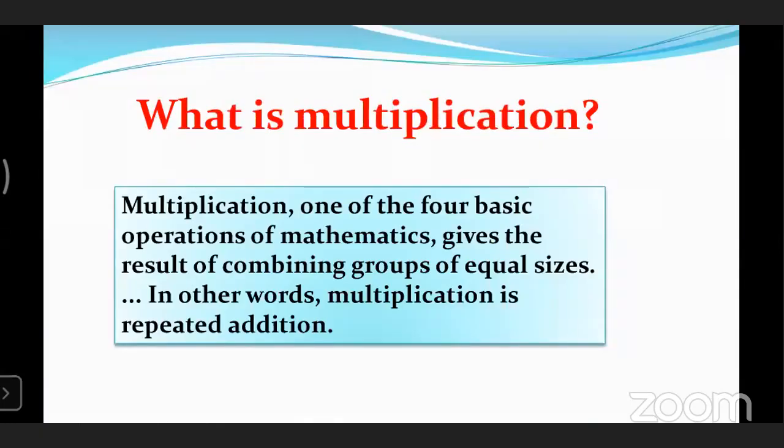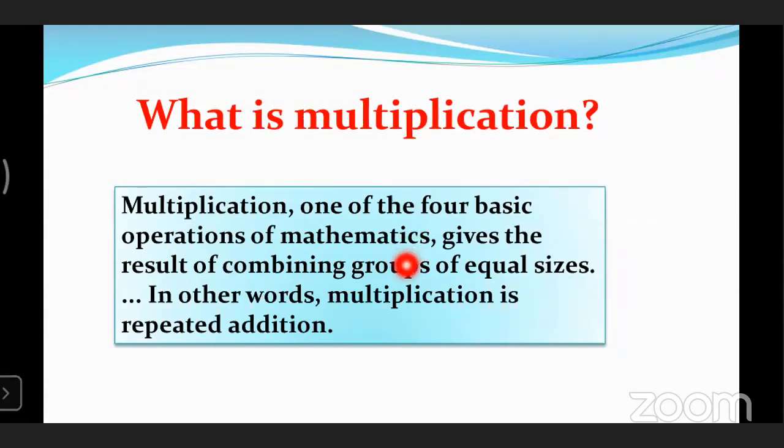What is multiplication? Students, can you tell me what is multiplication? Yes, multiplication, one of the 4 basic operations of mathematics. Listen carefully. Now 4 basic operations.